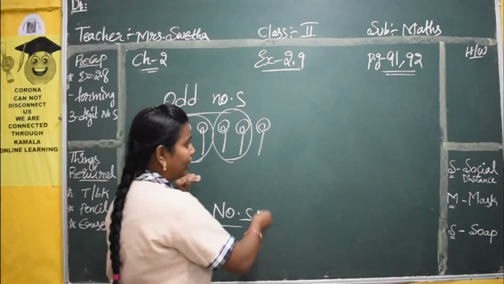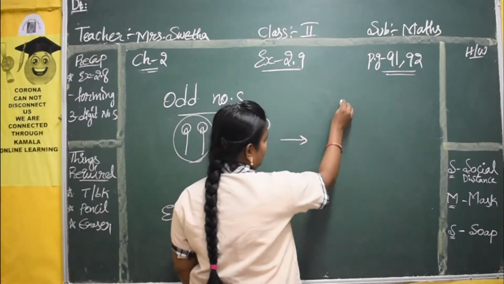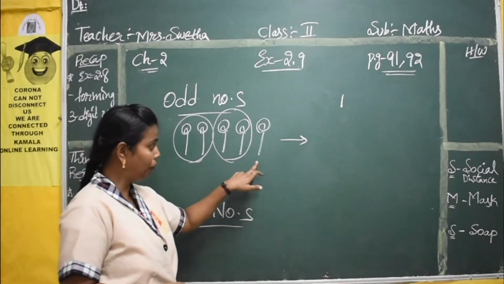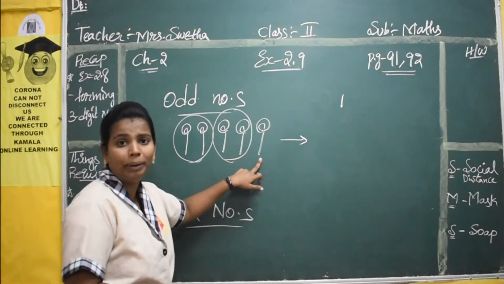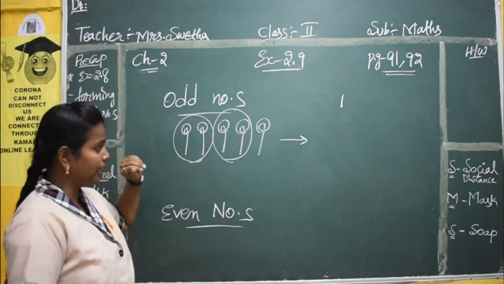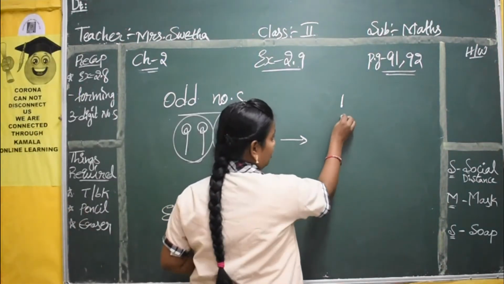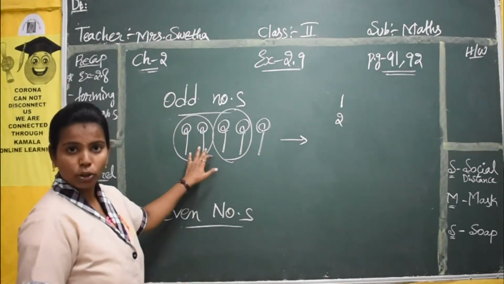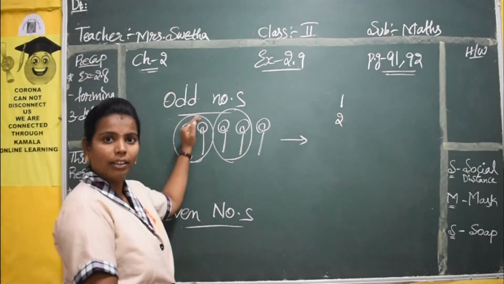See, first I will explain with the number. See, 1. Take this lollipop only. If you have 1 lollipop, can you make a pair? No. So it becomes an odd number. Next is number 2. 2 means 2 lollipops. 2 lollipops already make 1 pair.